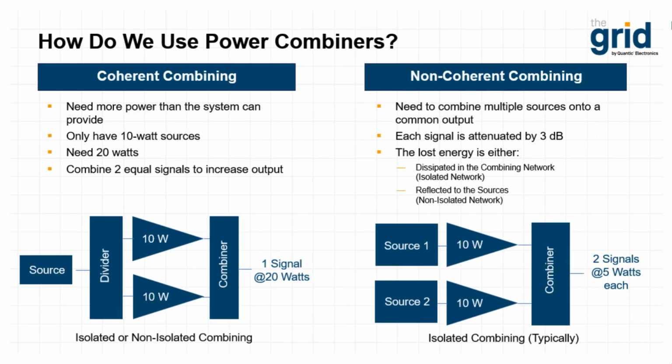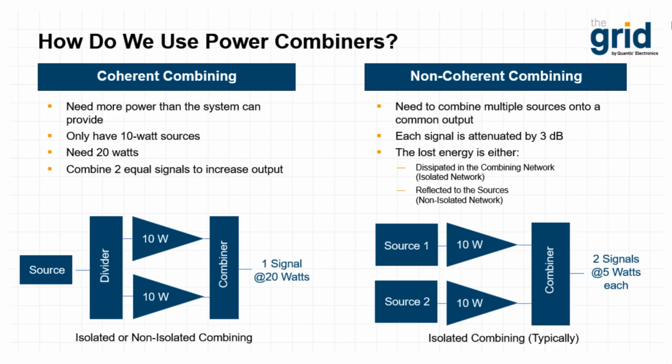Before we get into that detail, we have to talk about the two major applications of where we're going to be combining energy. One is coherent combining, and the other is non-coherent combining. With coherent combining, what we are looking to do is increase the total power available from a source.